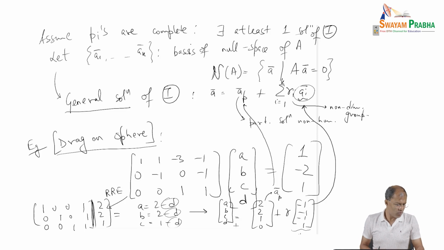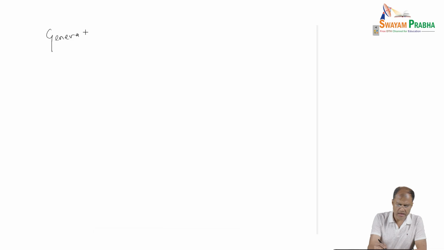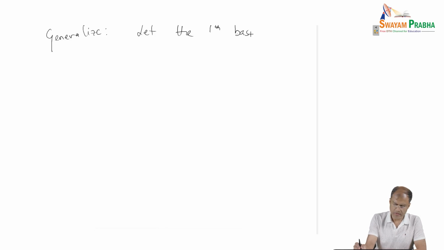Then we are ready to generalize this result and state the Buckingham pi theorem. Let the ith basis vector be A i, with components alpha, beta, and so on, gamma.